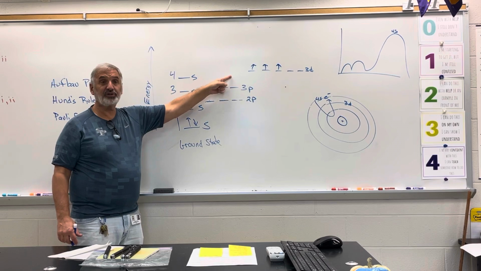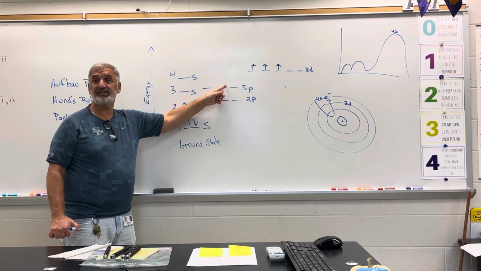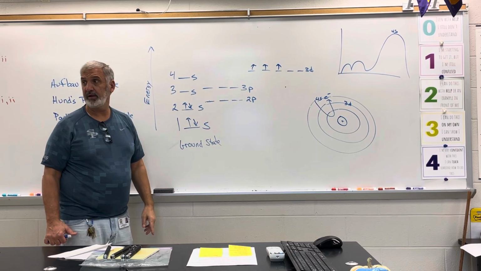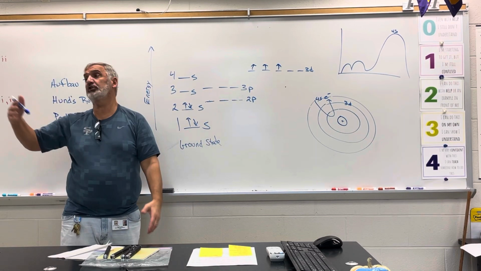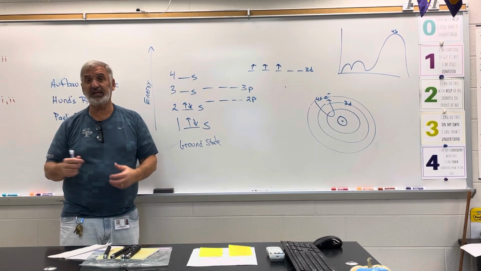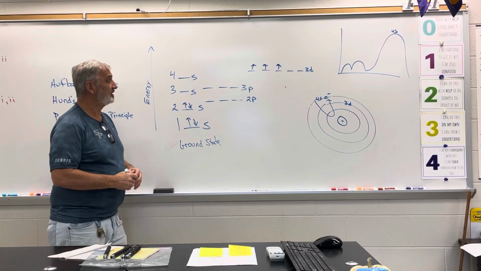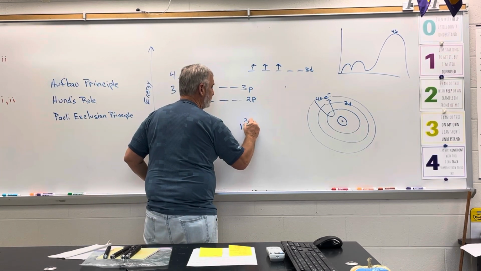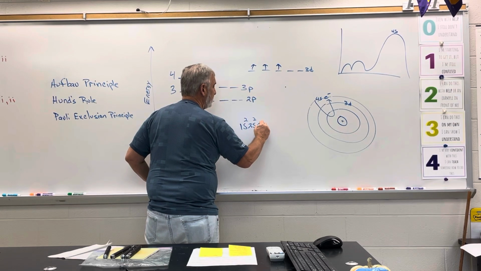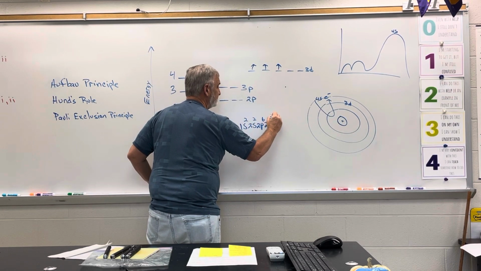Now, they're naturally going to come back down, and when they come back down, how do they release their energy in the form of what? Photons, which could be light, but it could be infrared radiation, could be ultraviolet radiation, but they give it off in a photon with a specific energy. Now, what if I said something like 1s2, 2s2, 2p6, 2d5?